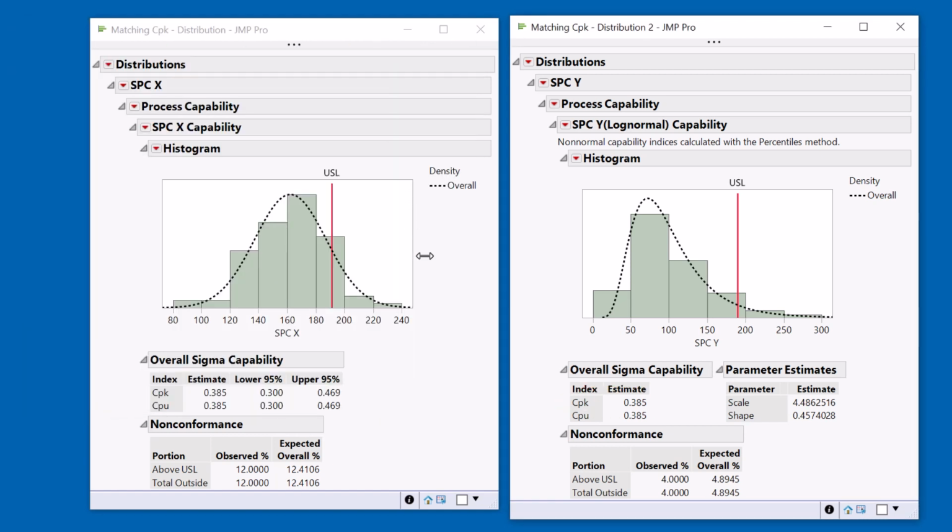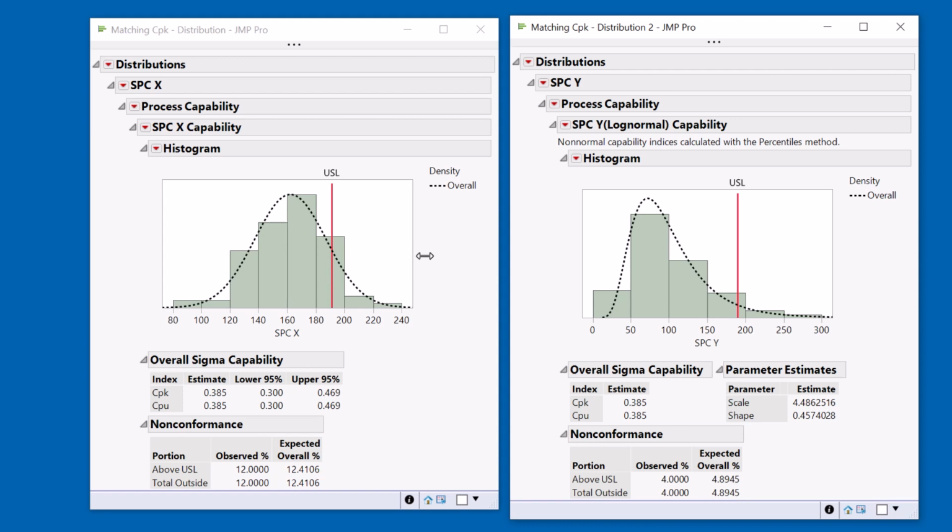However, if you look at the non-conformance rates, they're very different. So does a CPK of 0.385 give you non-conformance larger than 12% or less than 5%? It depends on what type of distribution you have. Now that doesn't make sense, or it doesn't make sense if you're going to have a threshold for your capability index and drive engineering decisions based on that target value.